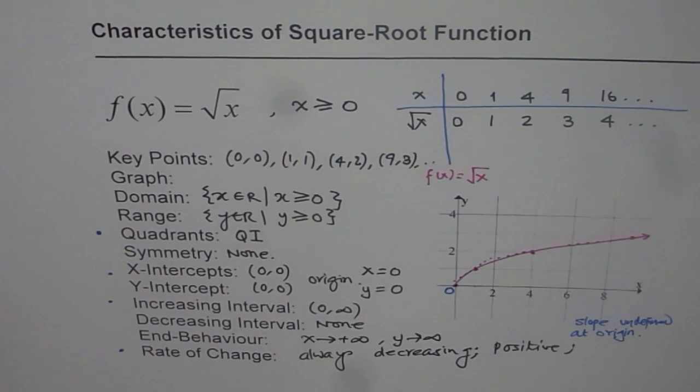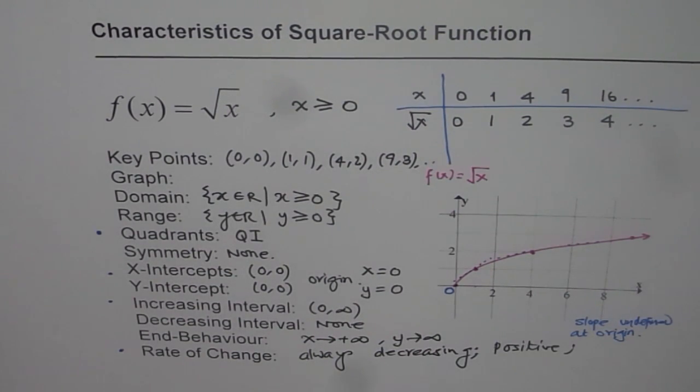Now as an exercise, what you can do is compare this function and find similarities between the square root function and the linear function, for example, right? So that could be a good question to answer. How is the square root function similar to the linear function? So that is my question for you.